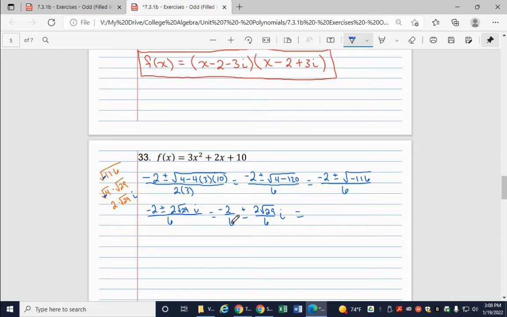And then I'm going to reduce. What's 2 over 6? Negative 2 over 6 reduces to negative 1/3. Plus or minus, then the same thing happens here. That 2 over 6 reduces to 1/3. If there's 1 in front, you don't have to write it. So square root of 29 over 3 i.